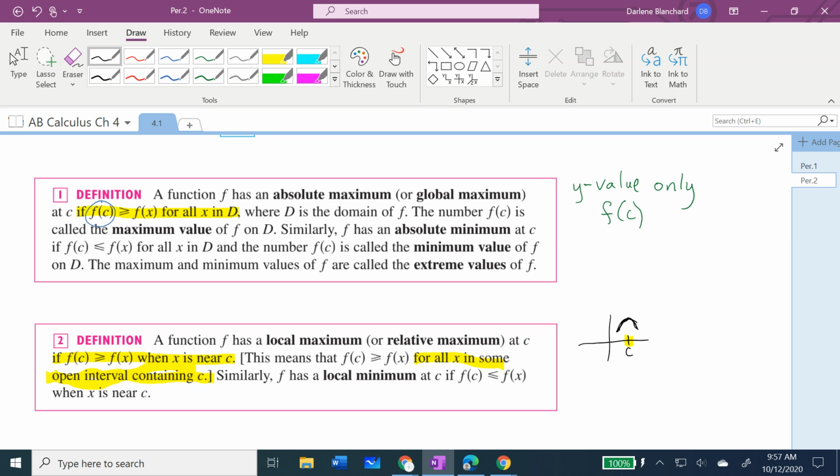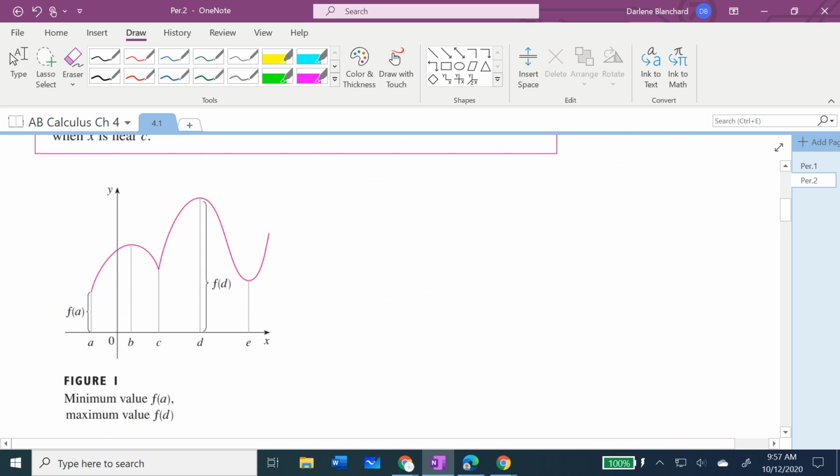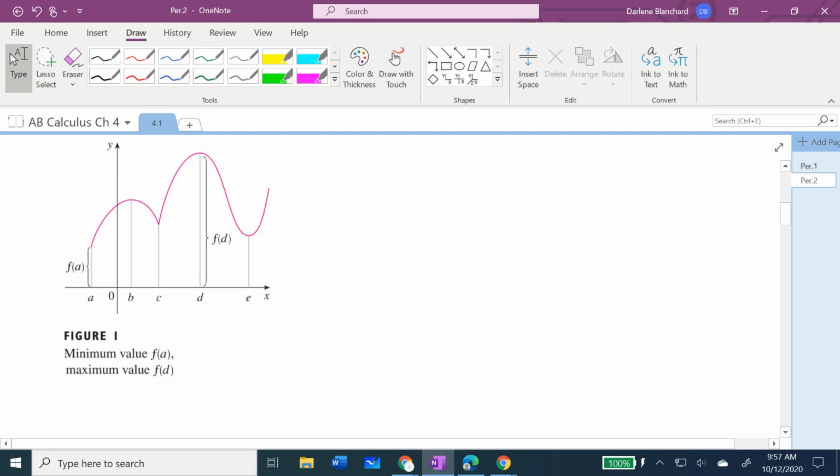Now, here's an example of just some picture of a function. And when we talk about the absolute minimum, do you see that right here, it's the lowest that it is going to go? And can you see visually that up there is the highest it's going to go?